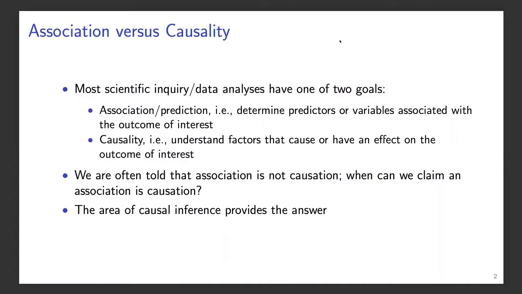So this area of causal inference provides an answer to that question. In other words, it makes precise, in a mathematical or statistical sense, under what conditions we can conclude that associations we see in our data are actually potentially reflective of causation.